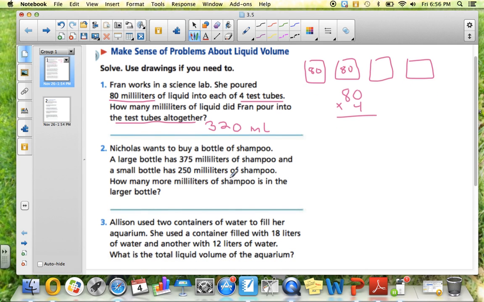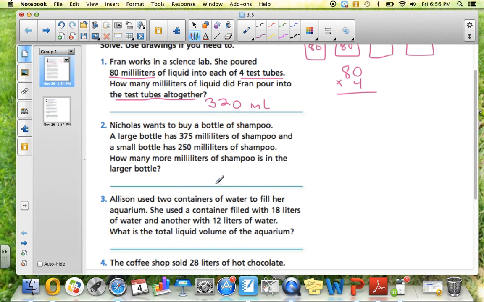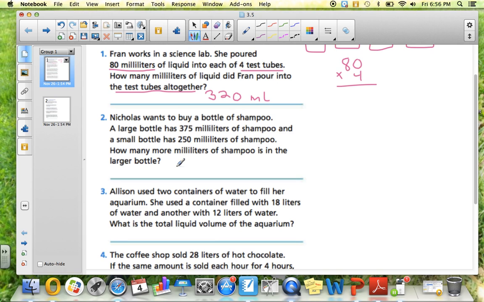Okay, number 2. Nicholas wants to buy a bottle of shampoo. A large bottle has 375 milliliters of shampoo and a small bottle has 250 milliliters of shampoo. How many more milliliters of shampoo is in the larger bottle?